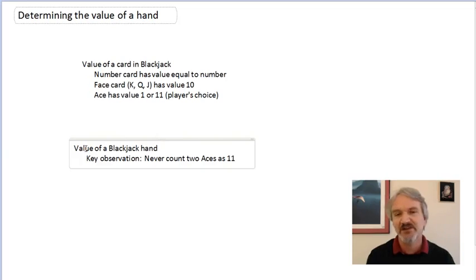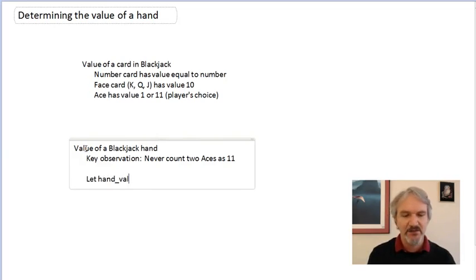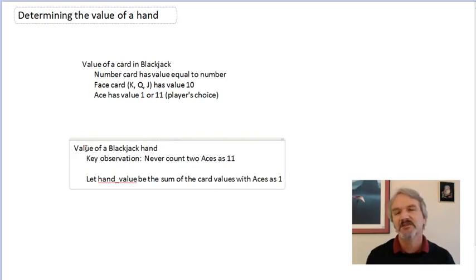That leads us to our algorithm for how to compute a hand value. Let hand value be the sum of the card values with aces as 1. So let's compute the value of the hand counting aces as 1.